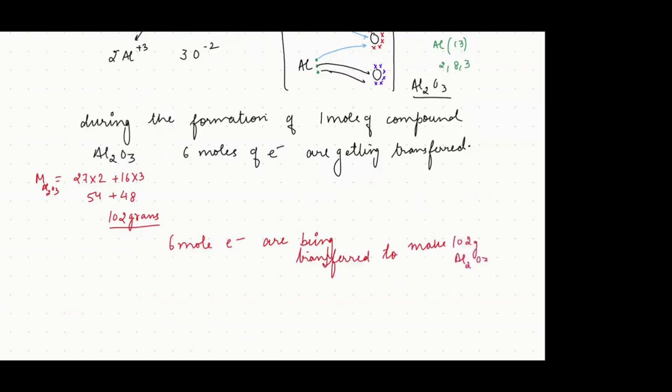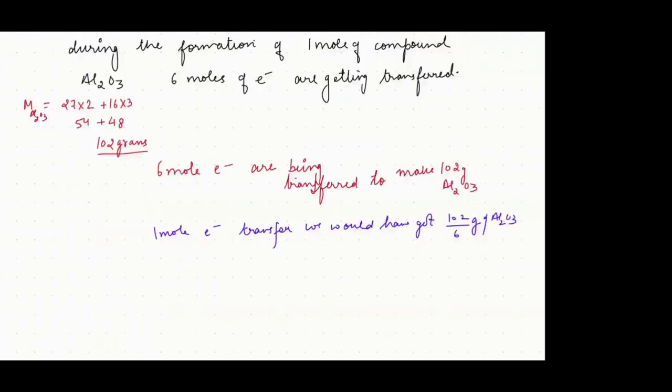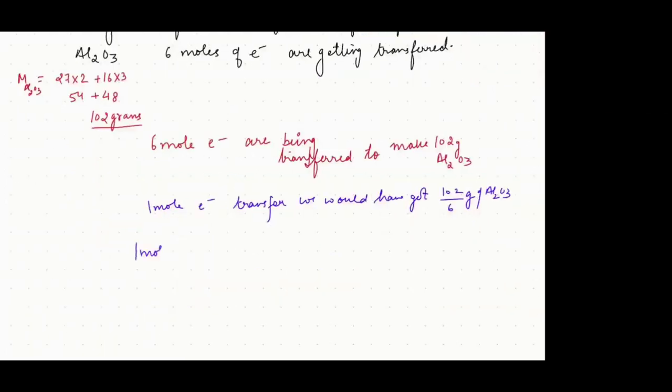So if only 1 mole of electron transfer would have taken place, we would have got 102 by 6 grams of Al2O3.